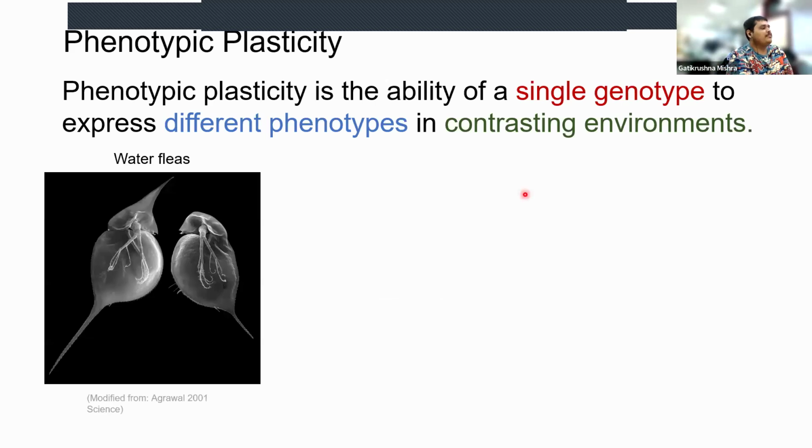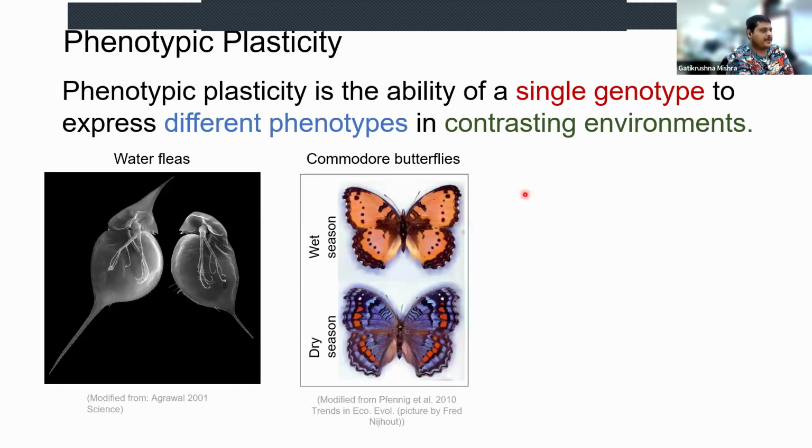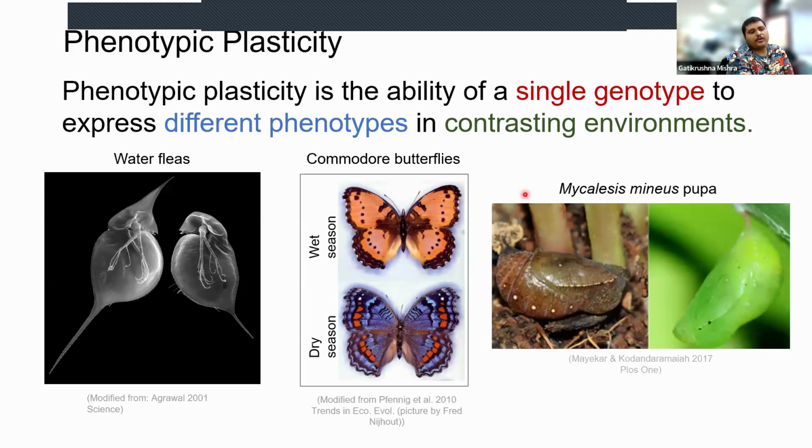For example, water fleas have a different head morphology with respect to presence or absence of predator. Butterflies have different wing patterns in different seasons, and butterfly pupae can also have different color in response to the background they are in. They can match the background.